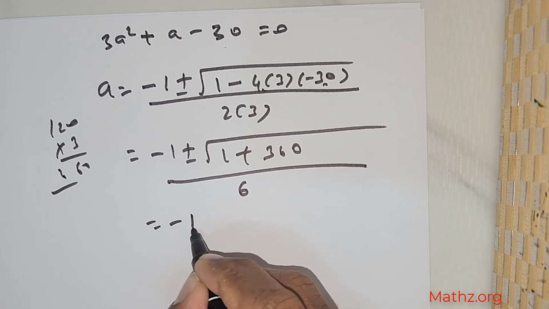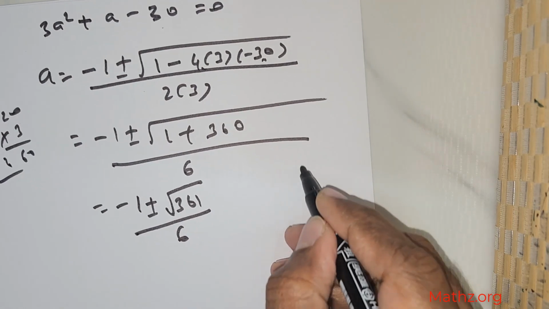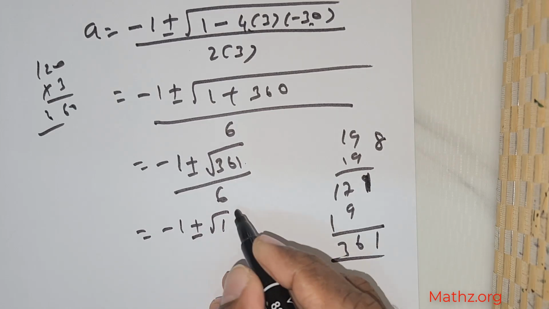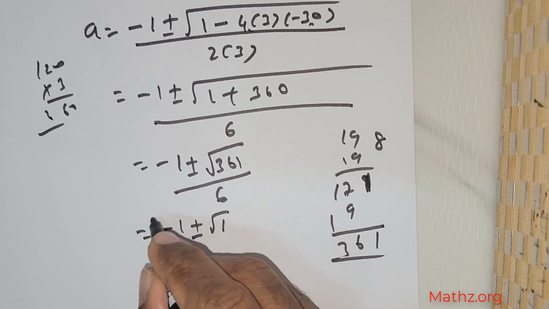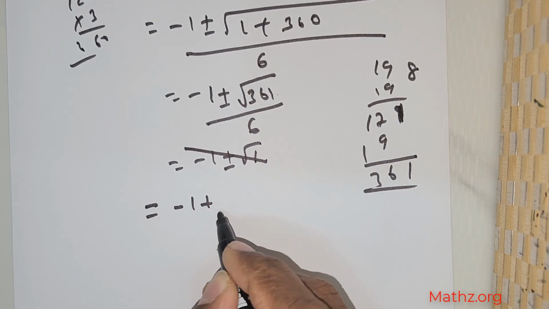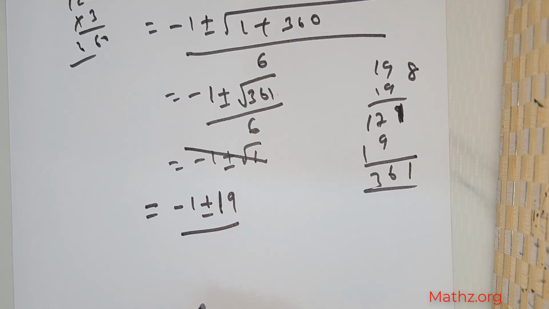And this is nothing but negative 1 plus or minus root of 361 divided by 6. Root of 361 results in 19. So this is going to be negative 1 plus or minus 19 divided by 6.